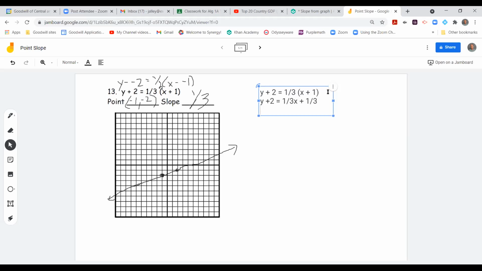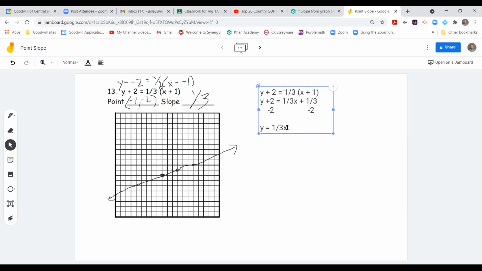Now when I subtract 2 to get rid of this plus 2 on the left side, I have -2 combining with a positive 1/3, and 1/3 x. So it's going to be negative. Whoops, wait a minute. How do I get that?